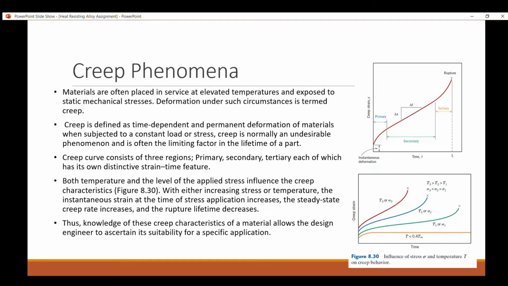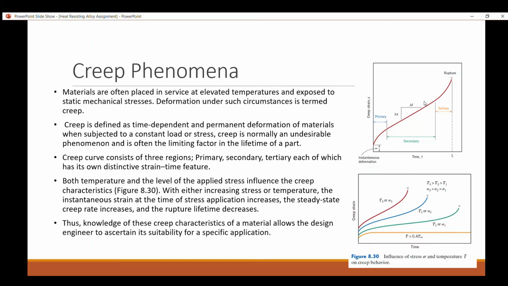For the secondary region, the creep rate is constant. So as you can see, the plot is linear, a straight line. This stage of creep is usually the longest, since the region is much longer compared to primary or tertiary.